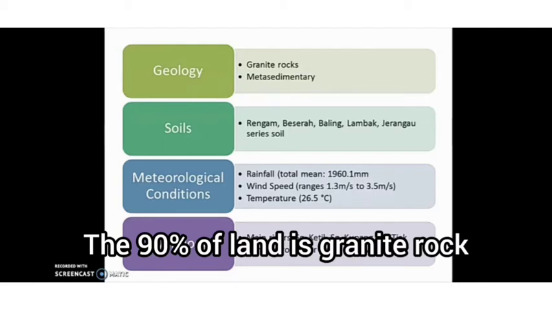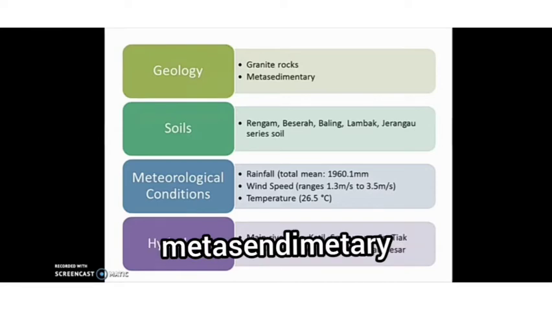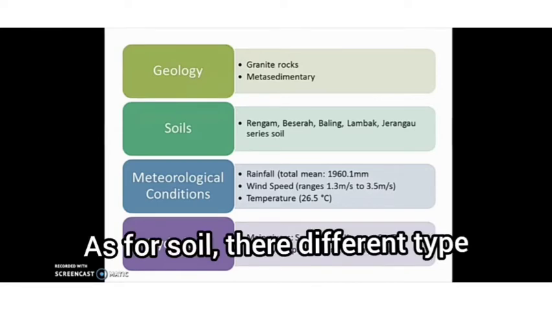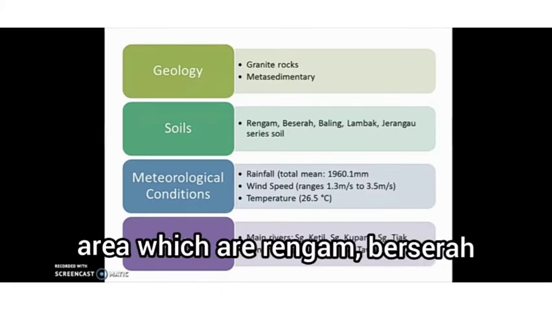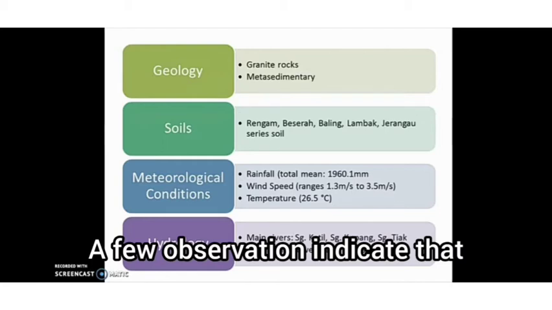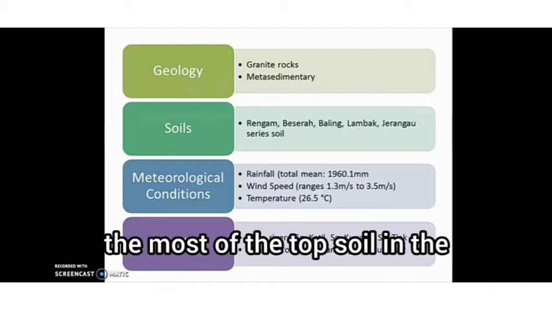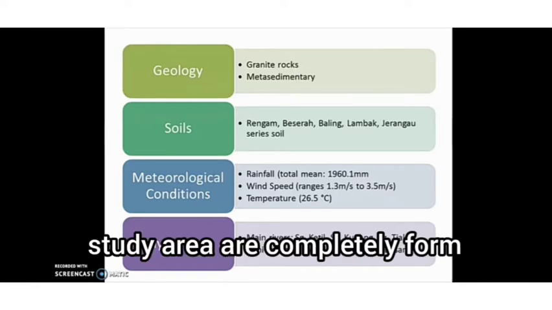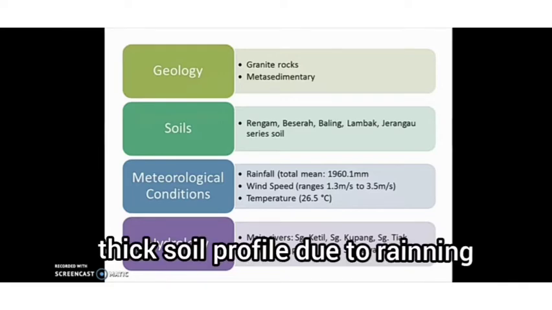90% of the land is granite rock, and the rest is metasedimentary. As for soil, there are different types of soil that can be found in the area, which are Rengam, Berserah, Baling, Lambak, Jerangau, and Serial soil. A few observations indicate that most of the topsoil in the study area has formed a thick soil profile due to rain and warm climate.